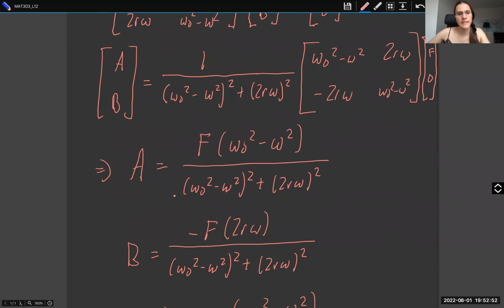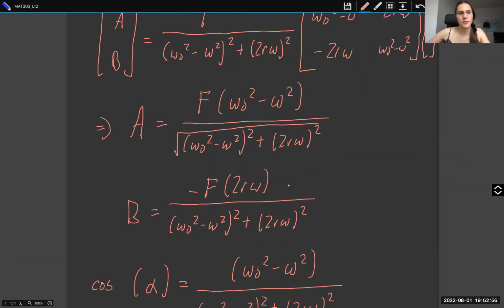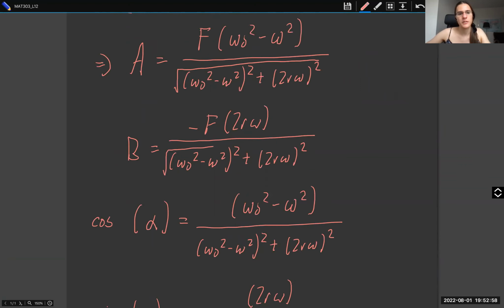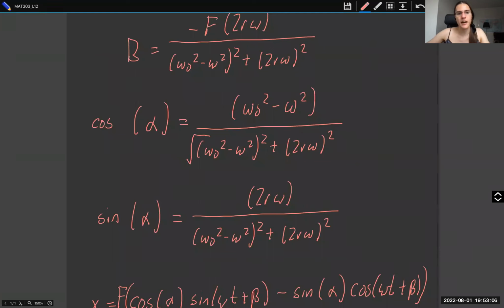In order to normalize this, I would like to have square roots here. And so if I have square roots here, then, no, sorry, A and B are what we had before. I'm going to set A is this. So to normalize it, I actually need to divide by square roots. And then I have a floating square root out front.